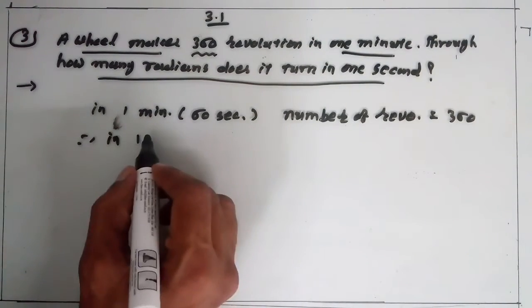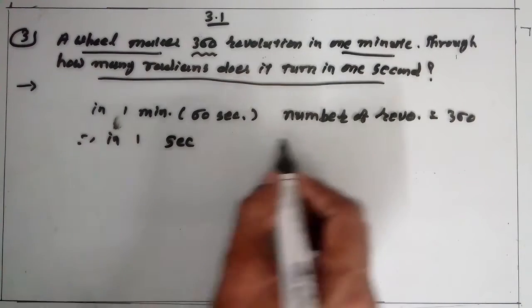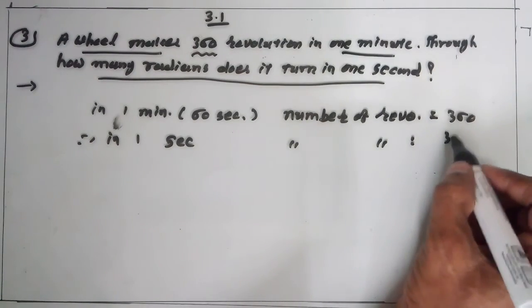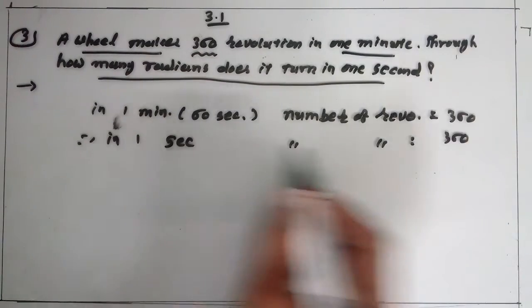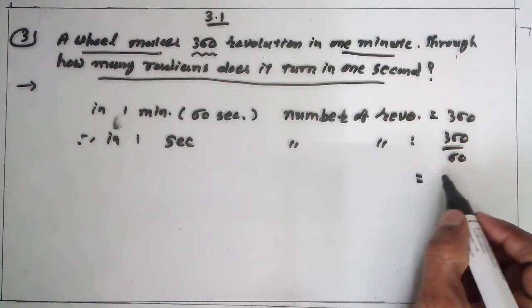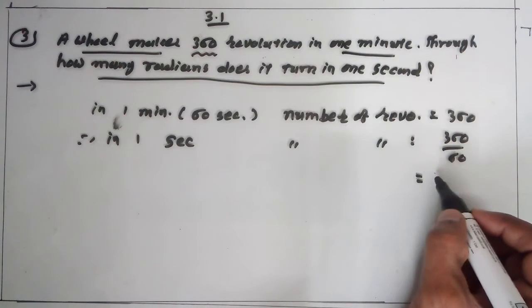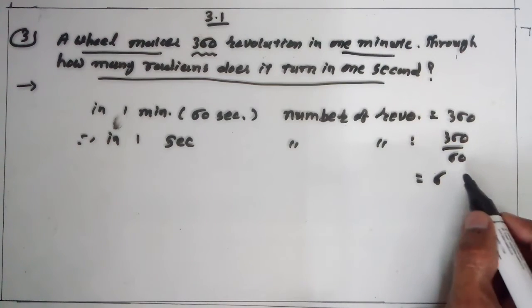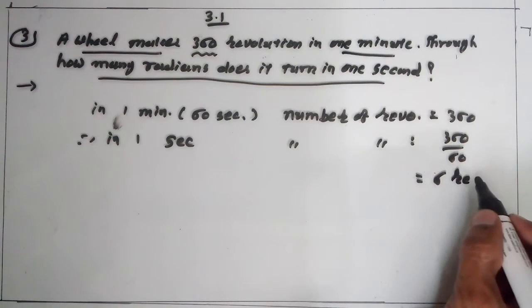In 1 second, number of revolutions is equal to 360 upon 60. Clear? Is equal to 6, 36, 10 cancel, so 6 revolutions. Clear?